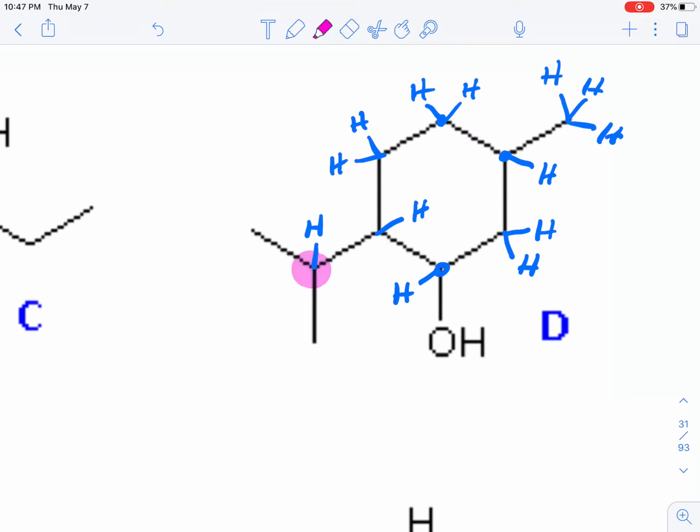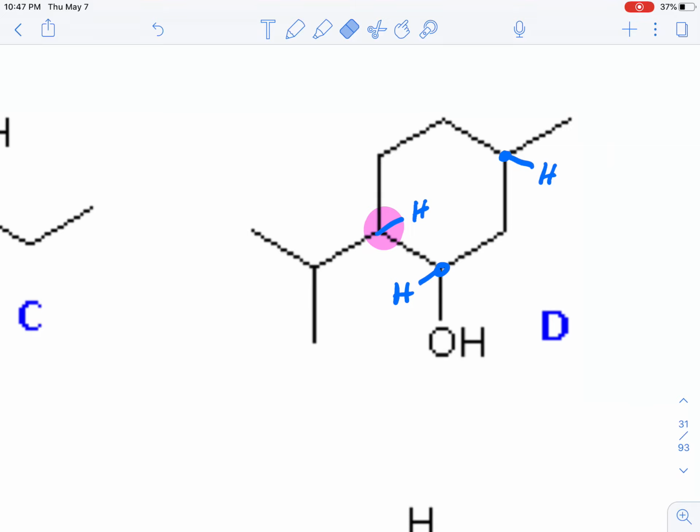This carbon right here is achiral because it's attached to 2 methyl groups. Okay, so I'm going to erase that. This carbon is chiral, and I'll talk about why in just a second. This carbon right here has 2 hydrogens, so that's not chiral, not chiral, not chiral, and not chiral. It looks like there's only 3 carbons that have chiral centers.